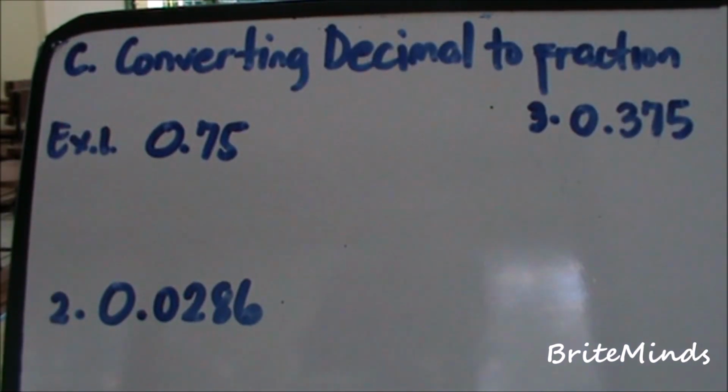Converting decimal to fraction. To change decimal to fraction, convert a decimal to a fraction with a denominator in multiples of 10. It can be 100, 1000, etc. And then reduce the fraction to lowest terms if possible.